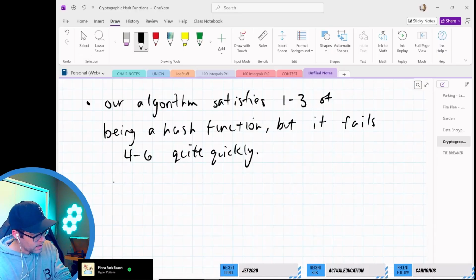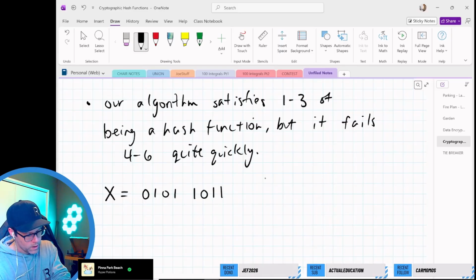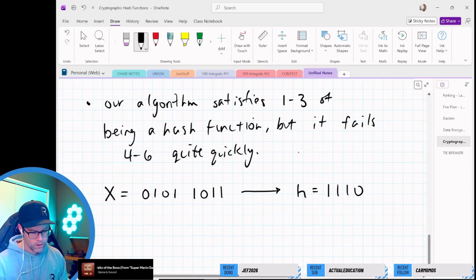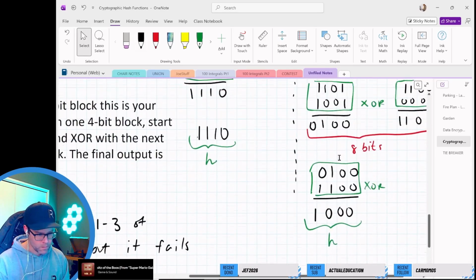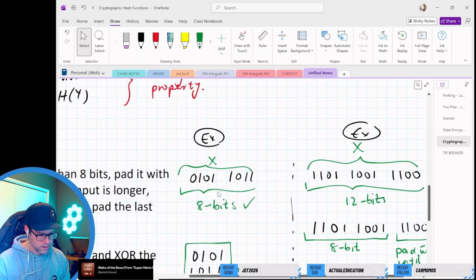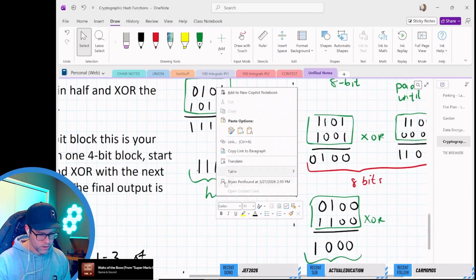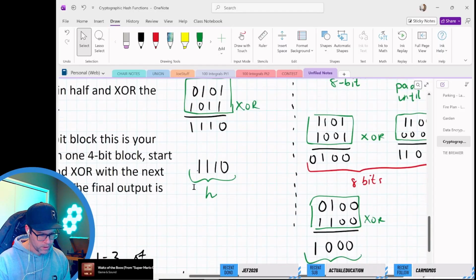And just as a couple examples, let's say I start with this input, which was one of our examples. We put this through our algorithm and we got a hash value on the other side that was 1110. So I think that was our first example, right? So we started with this particular input, and then we got this particular output.